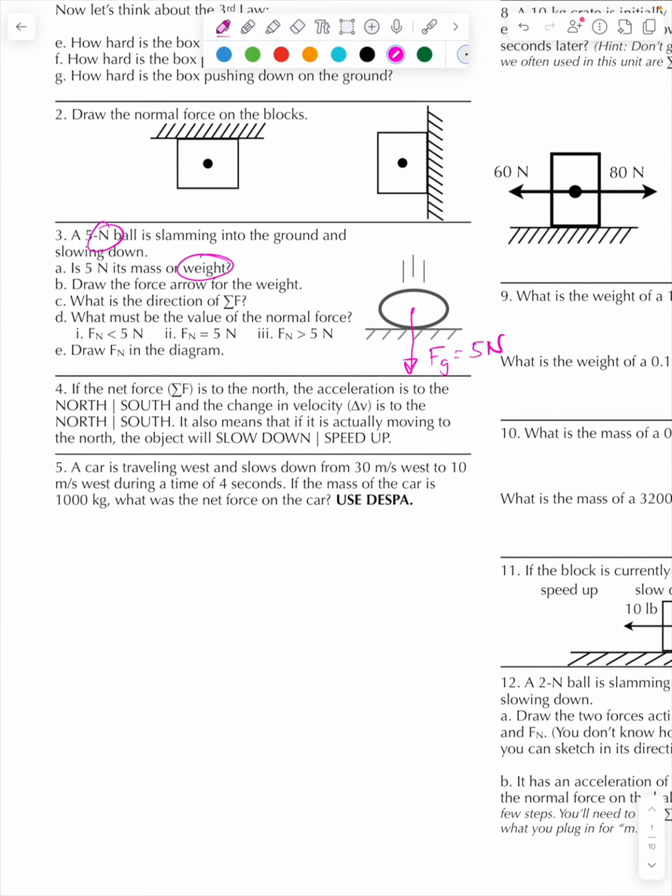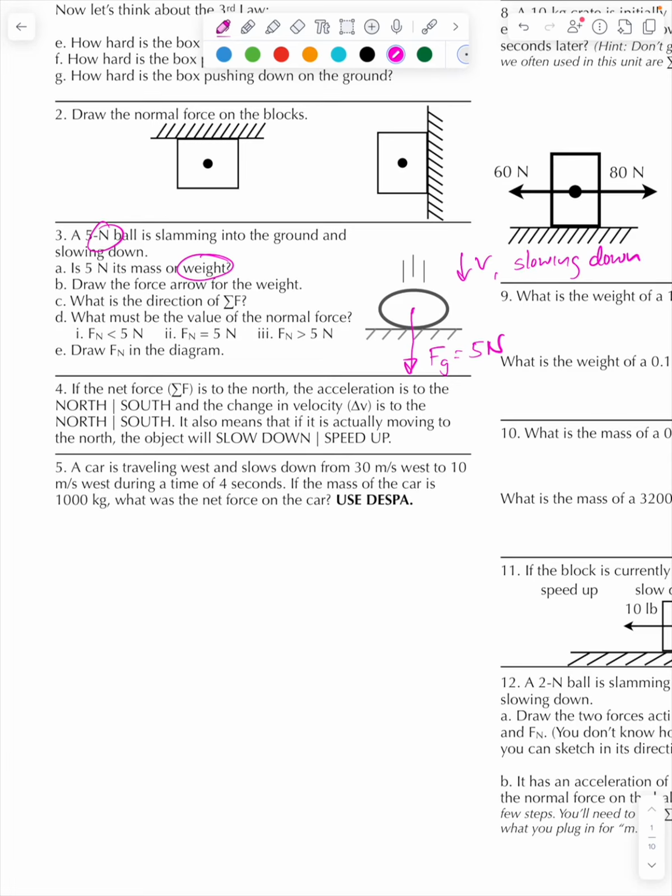So notice what's happening. The ball is slamming into the ground. You see the motion lines. Well, what's happening? I actually said slowing down, but you could have guessed as it's slamming into the ground, it must be slowing down. So the velocity is downwards, but it's slowing down, right? That makes sense? The velocity is heading down.